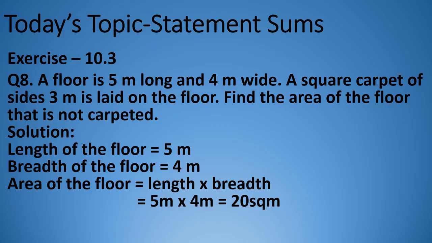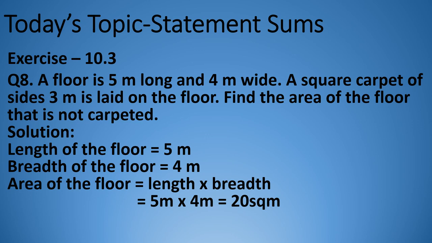Length of the floor is equal to 5 meter. Breadth of the floor is equal to 4 meter. Find out the area of the floor, that is length multiplied by breadth. 5 meter multiplied by 4 meter, which is equal to 20 square meter. Now this is the area of the floor.